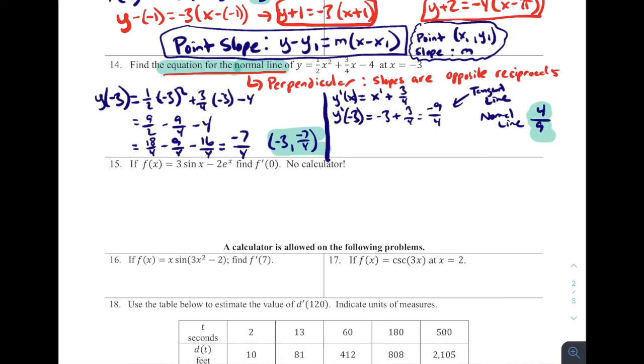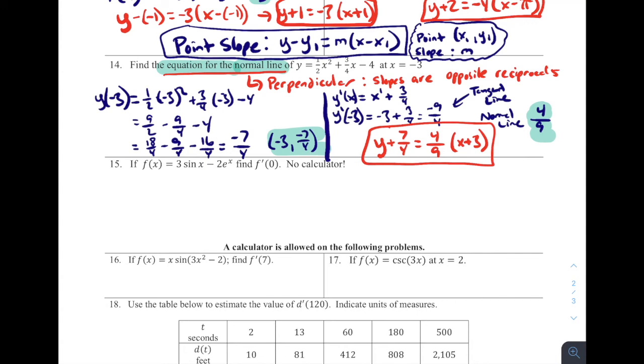And then now we're going to just get into writing the equation using that point slope form. So that is going to be what? Y minus -7/4. So it's a minus negative. That means it's a plus 7/4. And that's equal to the slope of that normal line, which is 4/9, times x minus -3, aka x plus 3. That is going to be our equation for problem number 14.